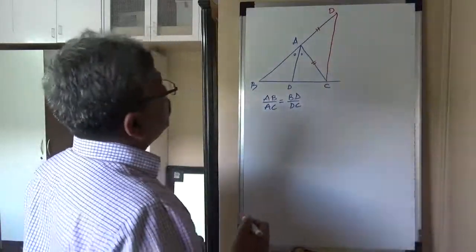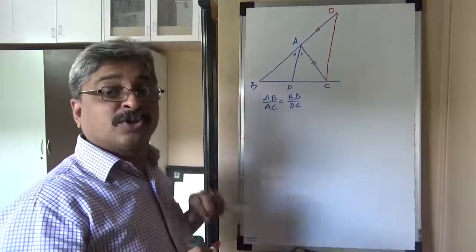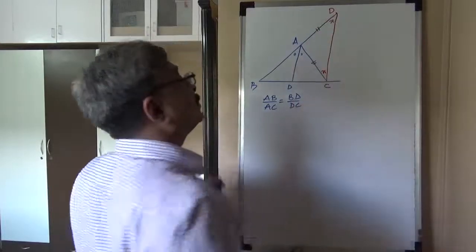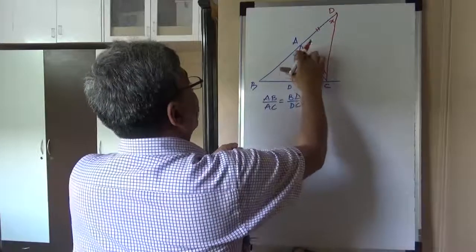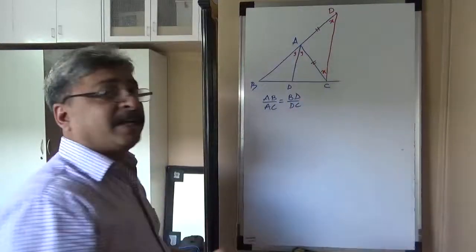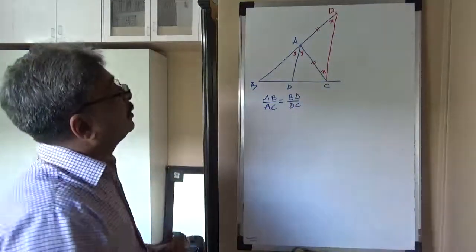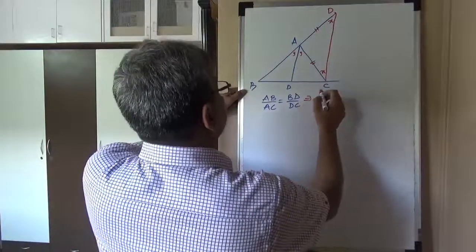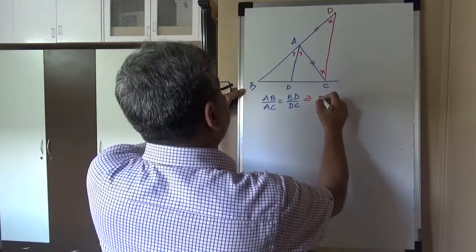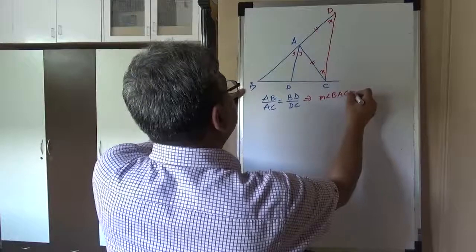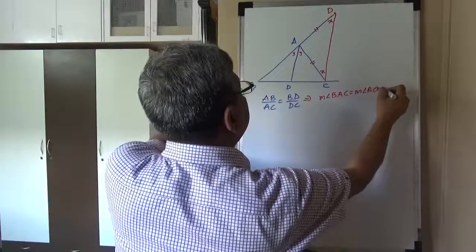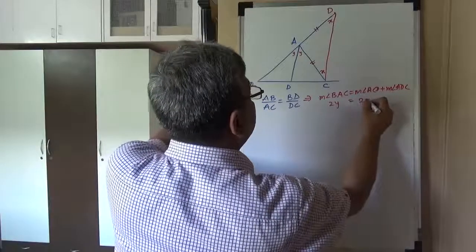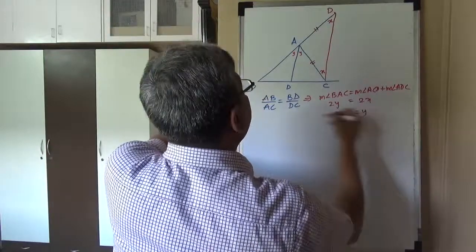If we consider triangle ACD now, it is an isosceles triangle and hence X is equal to X. Let me call this Y, Y and Y. Now, the exterior angle of triangle ADC is BAC and therefore measure angle BAC is equal to measure angle ACD plus measure angle ADC, which is equal to 2y is equal to 2x, implies x is equal to y.